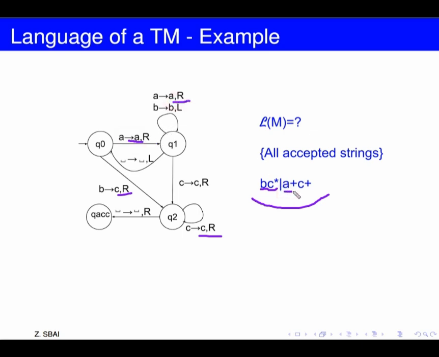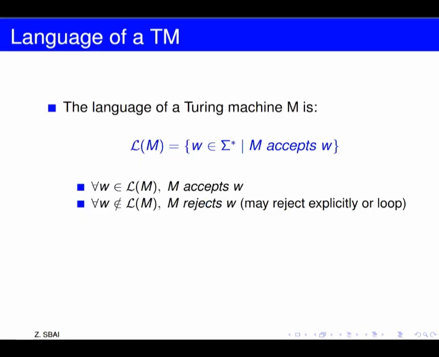For this we wrote here a plus. Then we have to find 1c, and this may be followed by more c's. For this we wrote here c plus. So all the strings in this form will be accepted by this Turing machine. So this defines the language of this Turing machine.